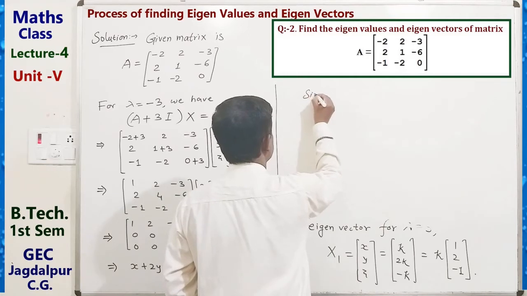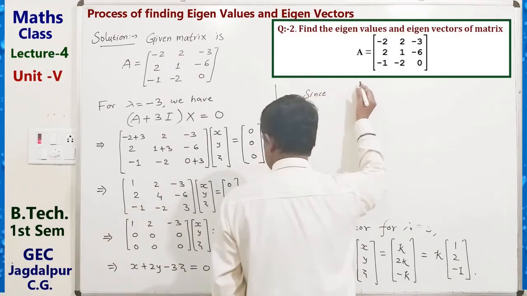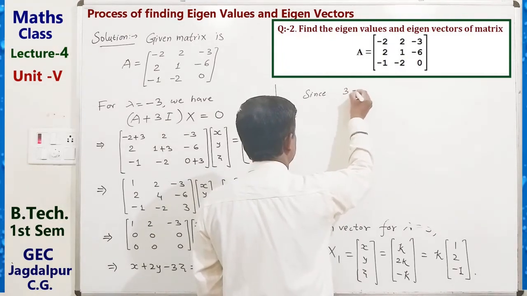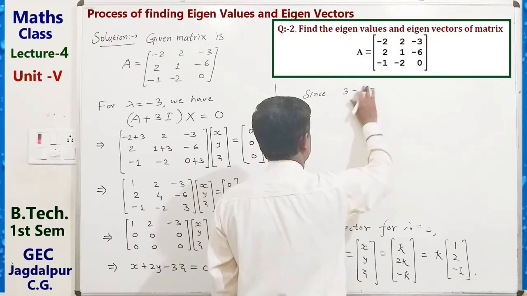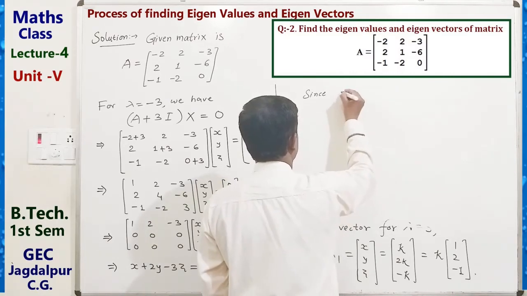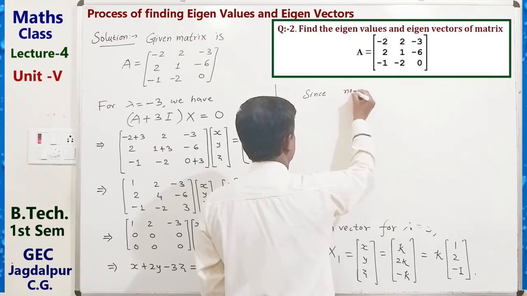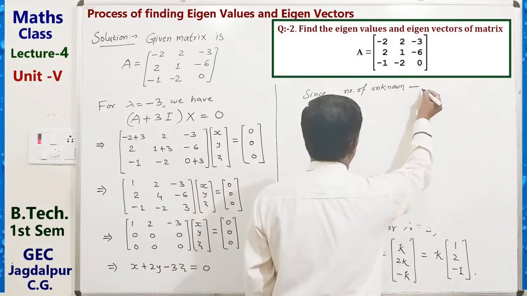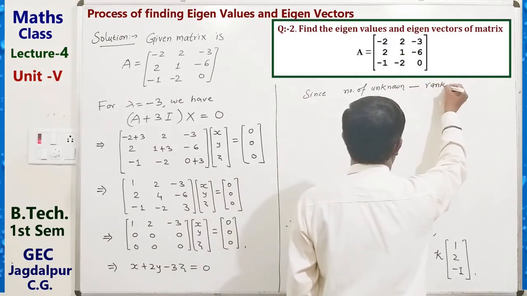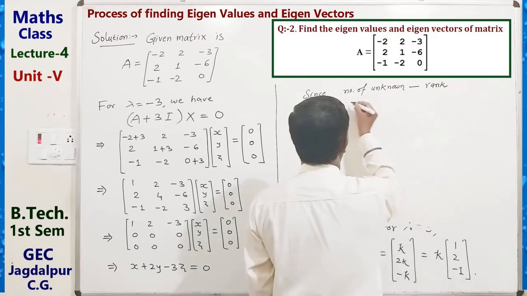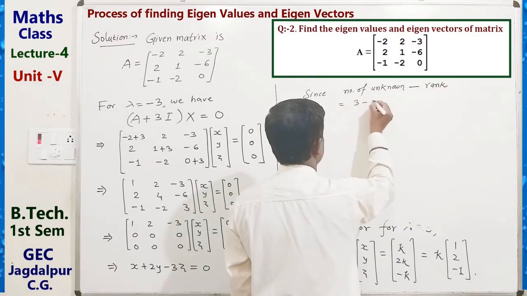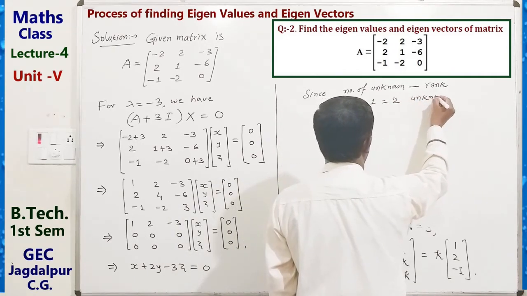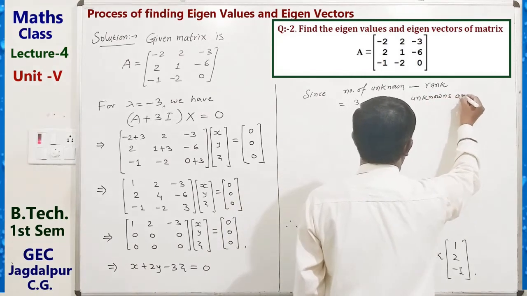Since the number of unknowns minus rank equals 3 minus 1 equals 2, two unknowns are arbitrary.